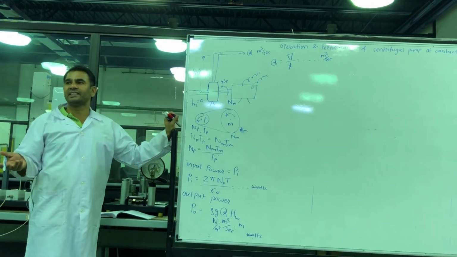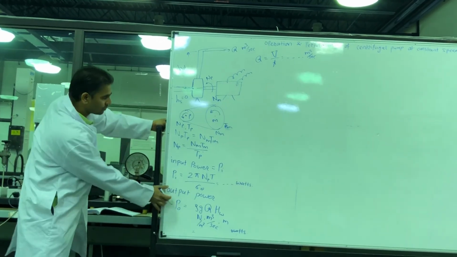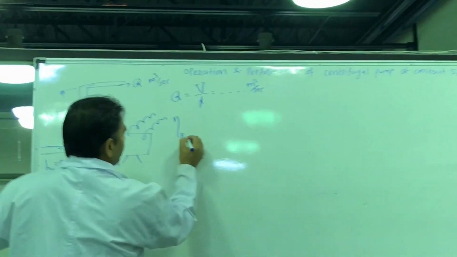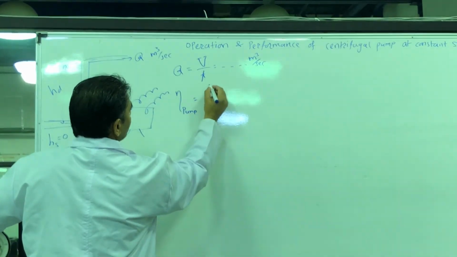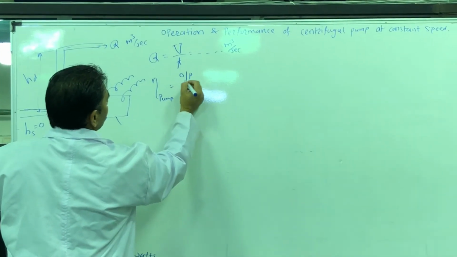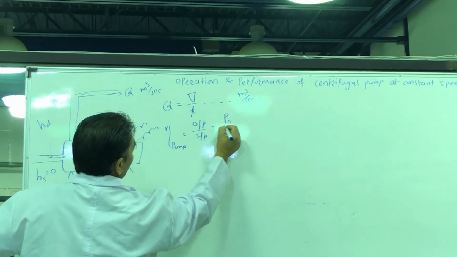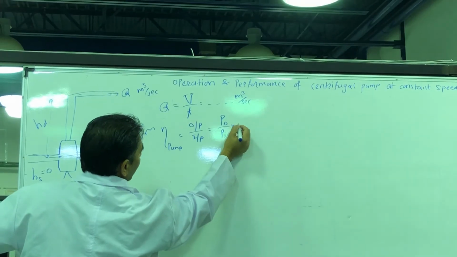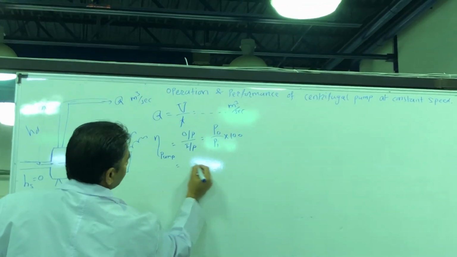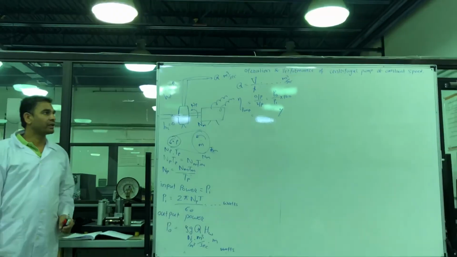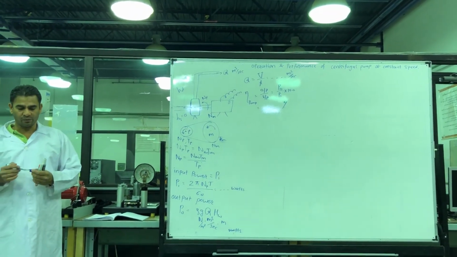Always we know efficiency is output by input. Efficiency of pump is equal to PO over PI into 100 percentage. Okay, so these are the formulas required.